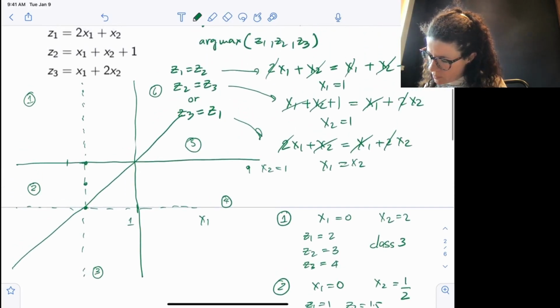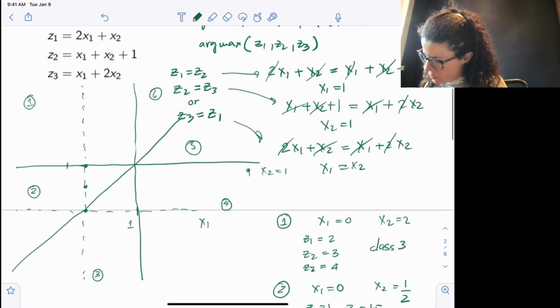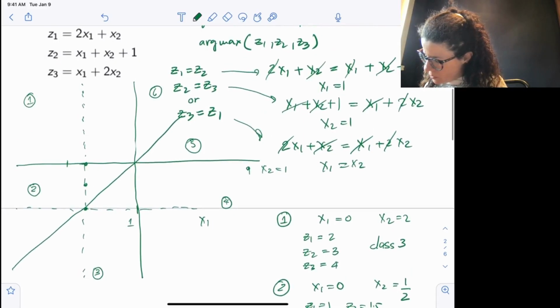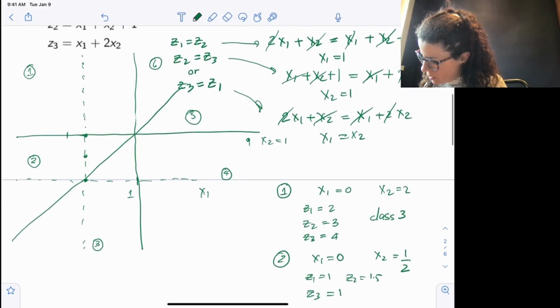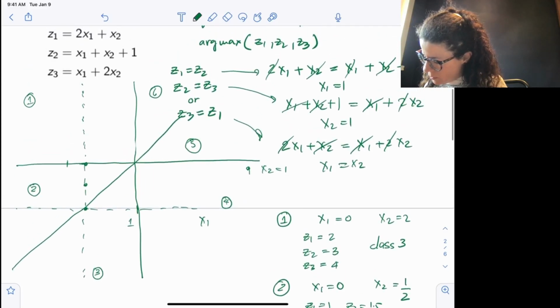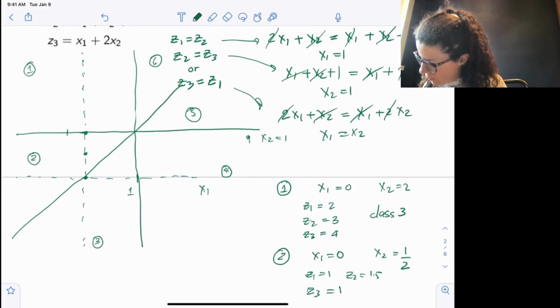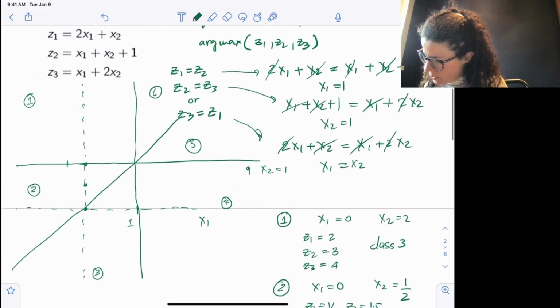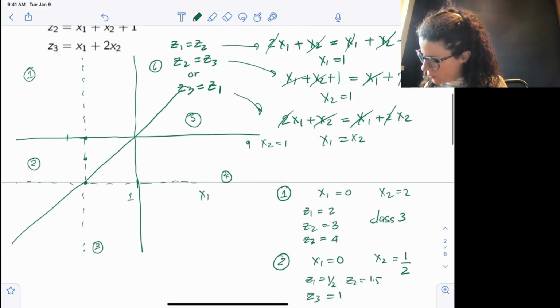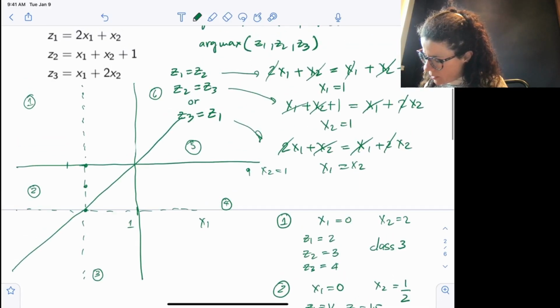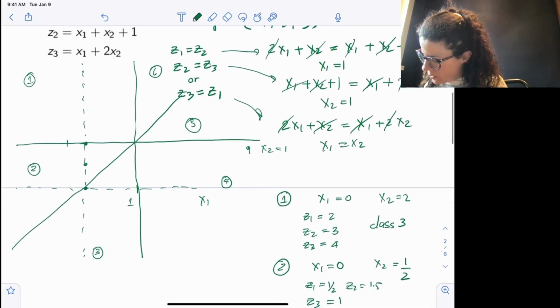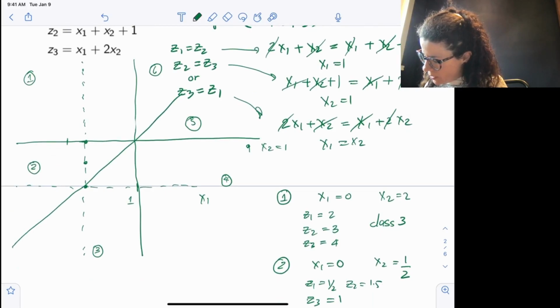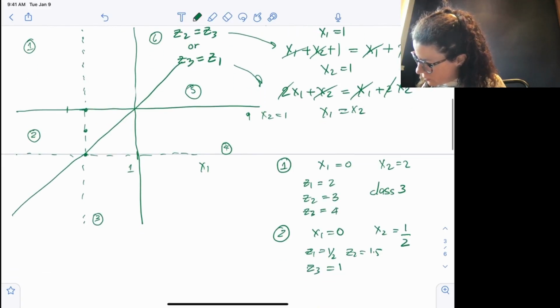Okay, let me check the computations. Actually this is a half, because it's 2x1 plus x2, so z1 is a half, z2 is 1 plus a half, which is 1.5, and z3 is 0 plus 2 times x2, which is 1. So basically this is class 2.